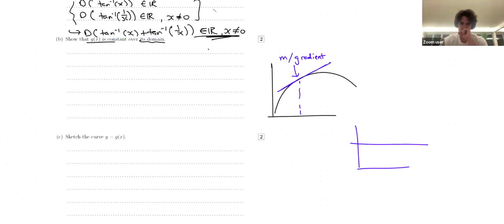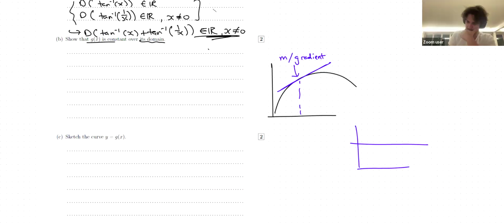Yep. So what we're trying to prove is that if we differentiate it, its gradient is always going to be 0. So basically we're trying to show that g dash of x is always 0. Let's start with taking g dash of x.